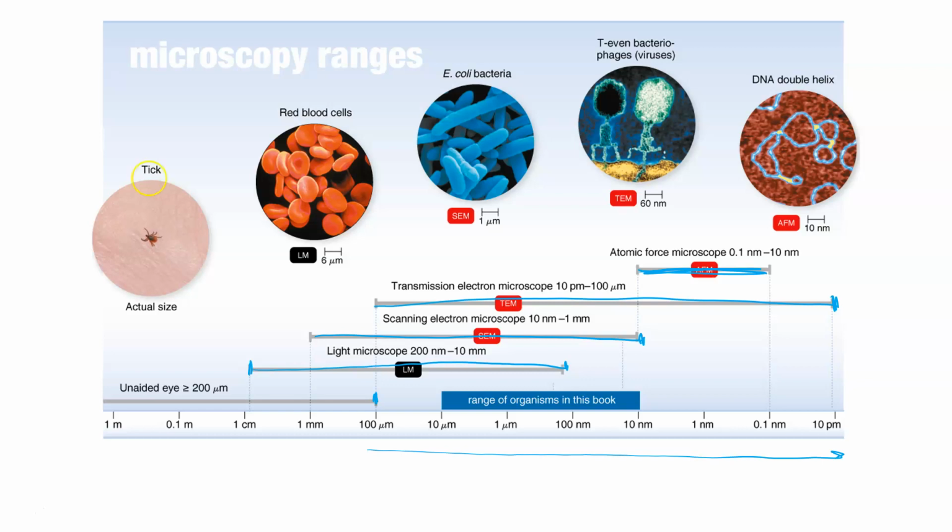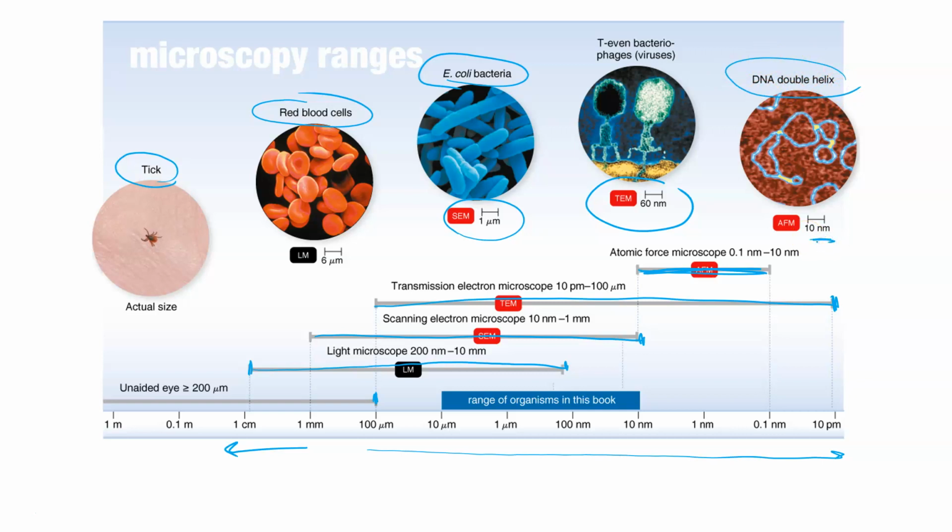When we're talking about whole organisms, a lot of times you're above the level of millimeter. If you're talking eukaryotic cells, you're typically in the upper micrometer sizes. If you're talking prokaryotic cells, you're in the lower micrometer sizes. If you're talking viruses, you're definitely in the nanometer range. And if you're talking about cellular or viral components like the DNA double helix, you're in the smaller nanometer range, if not into the picometers, depending on how big that particular cellular structure is.